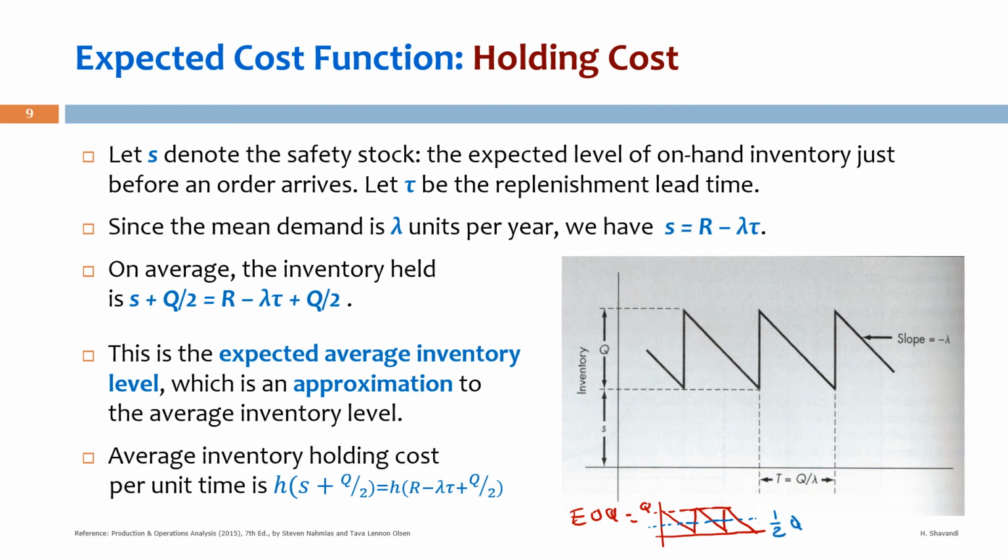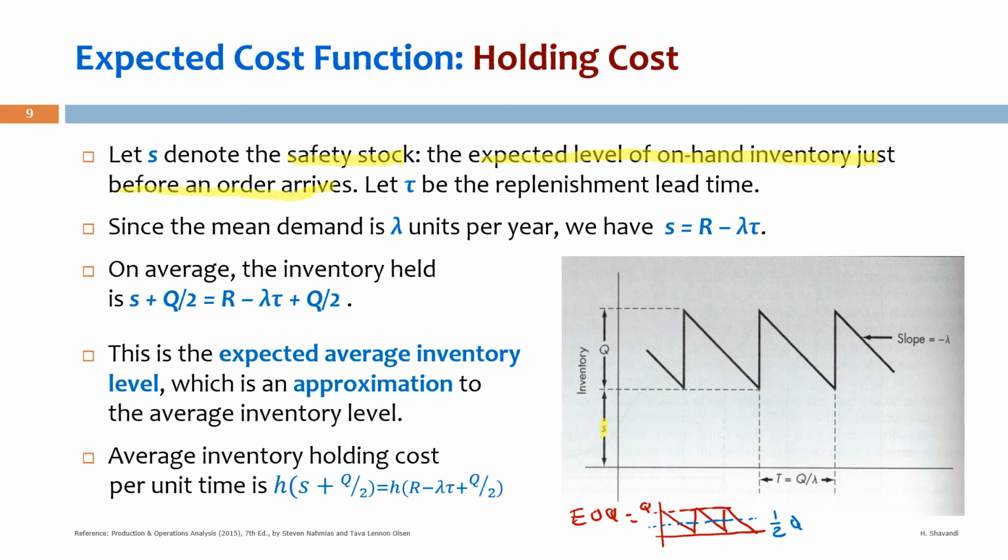But here in the uncertain model, we have another term, which is S, and S is the safety stock. So this is the safety stock at the expected level of on-hand inventory just before an order arrives.